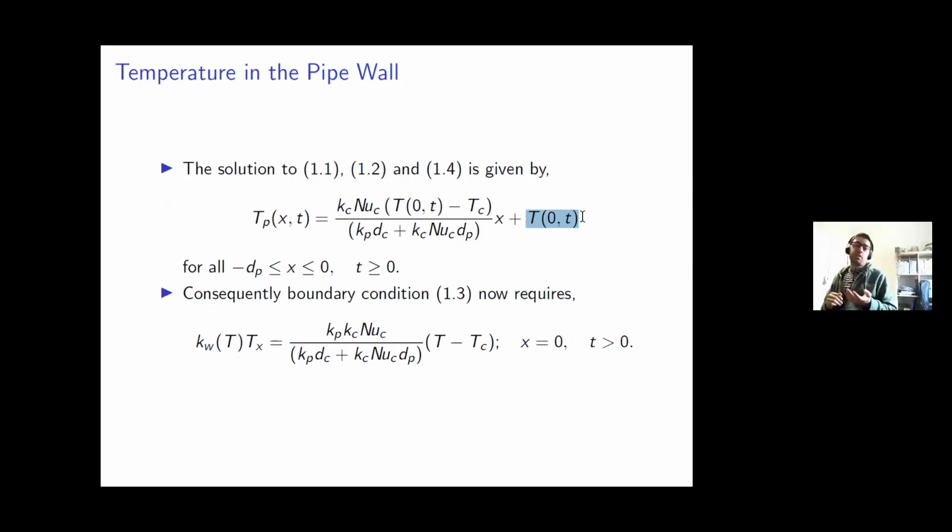And so the temperature in the pipe wall is dependent on many things, but it's dependent on this yet to be determined quantity, which is the temperature of the solid wax at the boundary of the pipe wall.